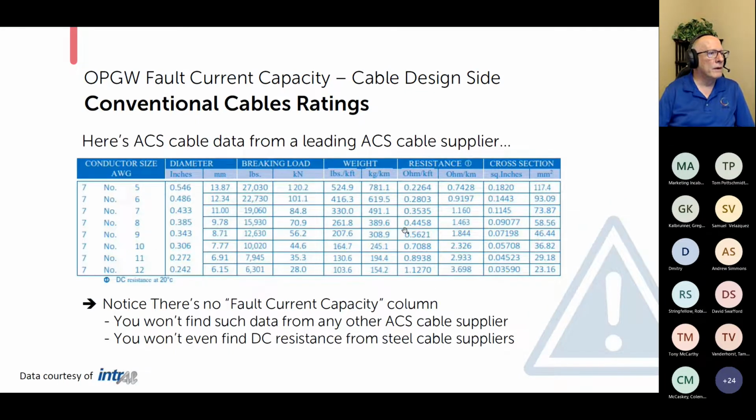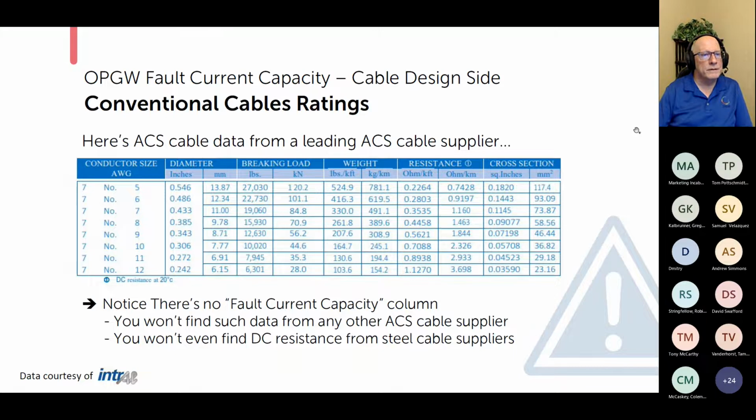See, for example, here's ACS cable data from a leading ACS cable supplier, in this case Insteel, who's a very good ACS cable supplier. These are standard 7 number whatever configurations. You see you've got your diameter, your breaking strength, your weight per foot, your cross-sectional area, and you've even got resistance, but oh, it's only DC resistance.